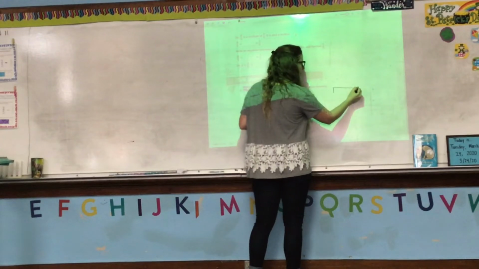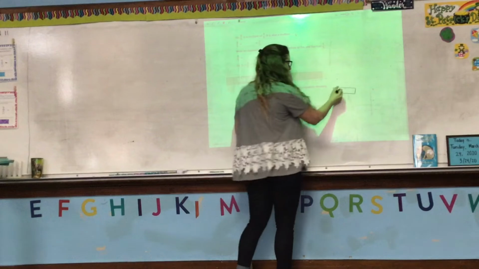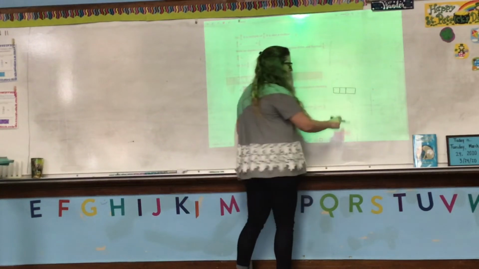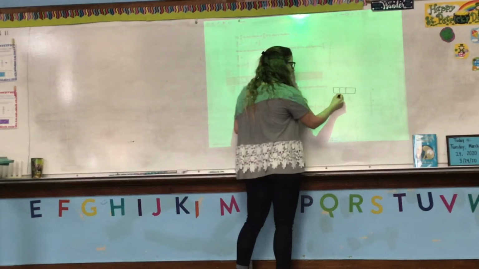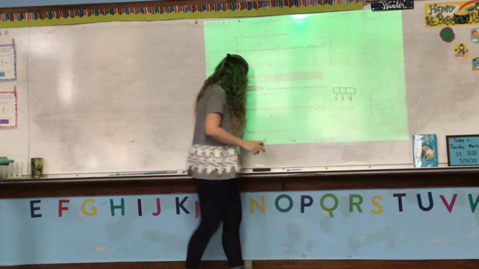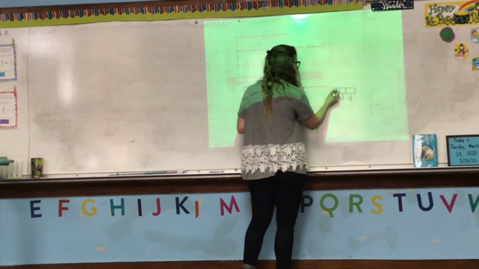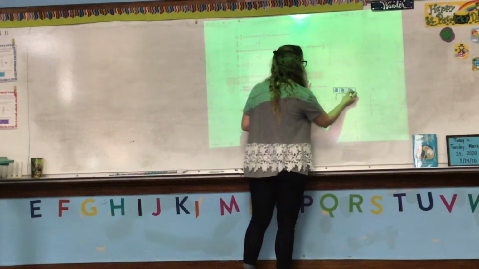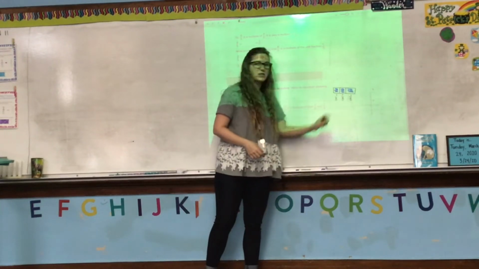If I have 3/8, that means I have 3 1/8 pieces. 1, 2, 3: 1/8, 1/8, 1/8. And I'm going to go ahead and color it. You can use the same color or a different color. Because I know that 3/8 is 1/8 plus 1/8 plus 1/8.